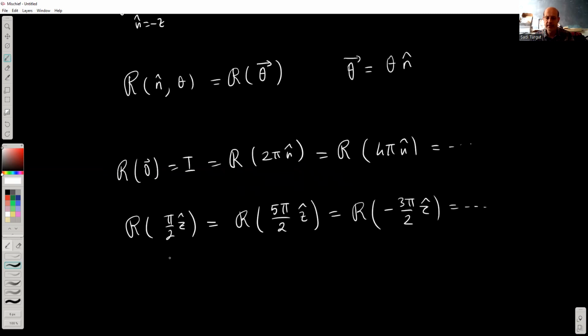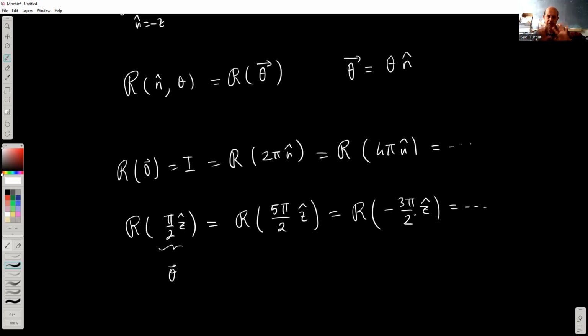Still, I can express the same rotation by different theta vectors. Let's just keep this in mind, because we don't have a one-to-one correspondence between vectors and the rotations in SO3. That's not the case. So the manifold of the rotation group SO3 is somewhat different than the manifold of all possible vectors in 3 dimensions.